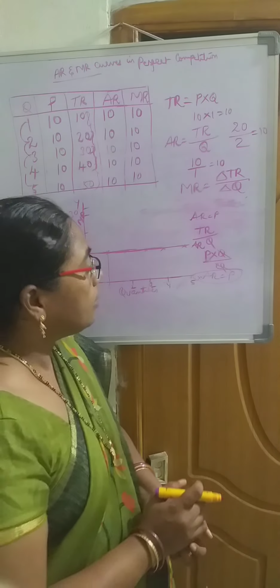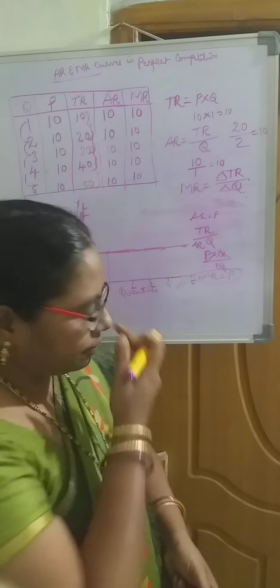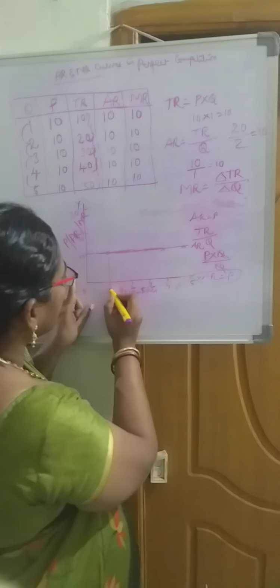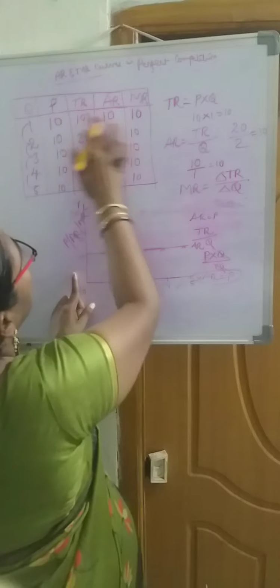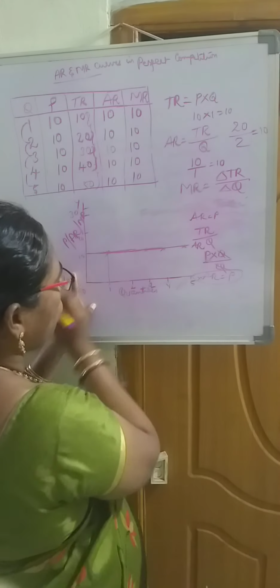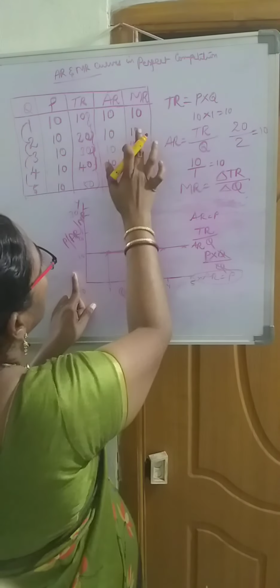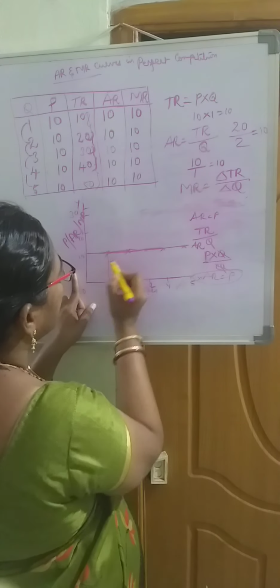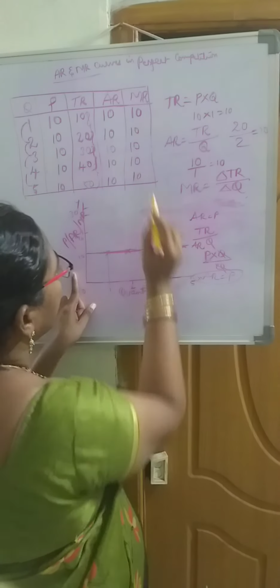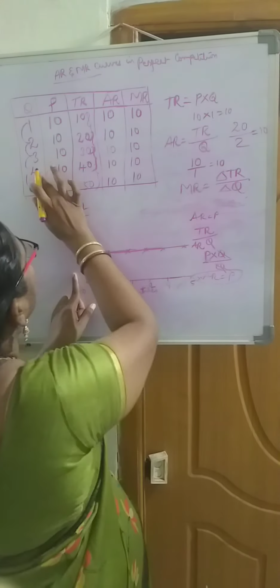Now coming to the marginal revenue curve. Quantity 1, MR is 10. Quantity 2, MR is 10. Quantity 3, MR is 10, quantity 4, MR is 10, and quantity 5, MR is 10. No need to join, I'm just joining.